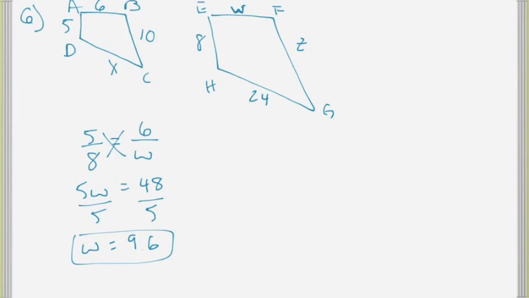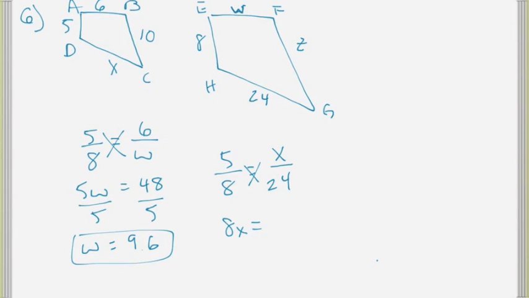Now the next thing that we solve for is X. We go back to the same scale factor, because that scale factor should be true for any corresponding set of sides. So if I want to solve for X, is X going to go on the top or the bottom? And what matches with it to go on the bottom? 24. And we're going to cross multiply this, and then you get 8x equals 8 times 24.